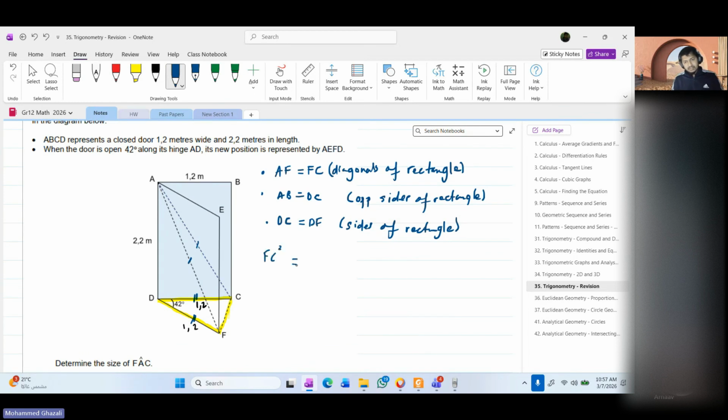So we say FC squared is equal to 1.2 squared plus 1.2 squared minus 2 into 1.2 times 1.2 cos of 42 degrees. Right, I'm just going to put the whole thing on the calculator and square root it.